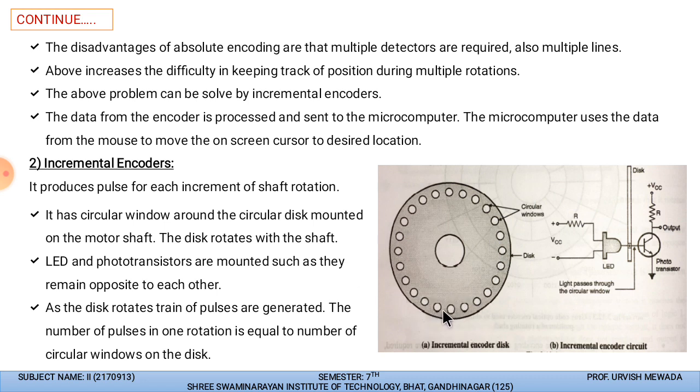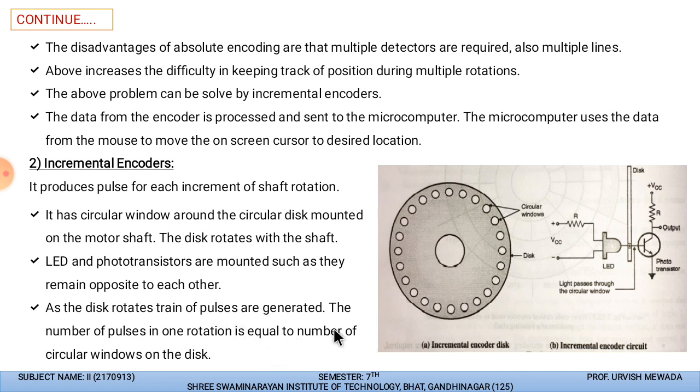You can see here, suppose we place our LED source, then in one rotation we get the signal 0 1 0 1 0 1 0 1 0. This type of pulse train is generated, and the number of pulses in one rotation is equal to the number of circular windows on the disk. So this is how we can sense the output, or the shaft position, with the help of the incremental encoder.